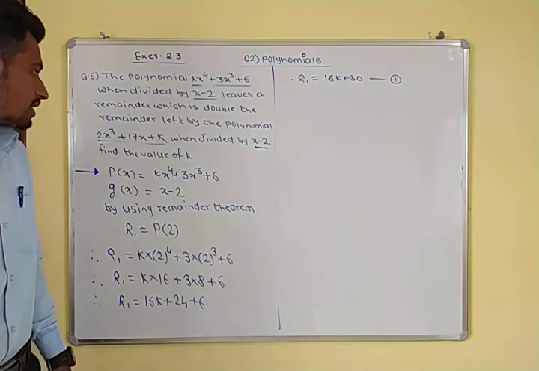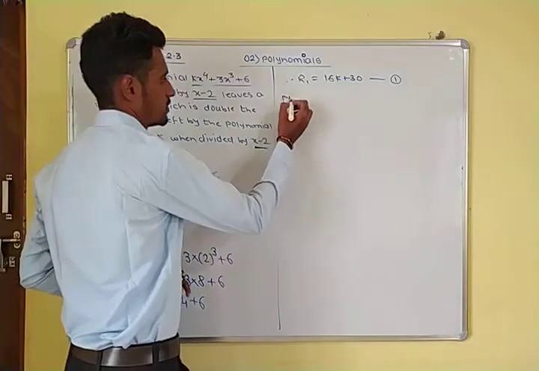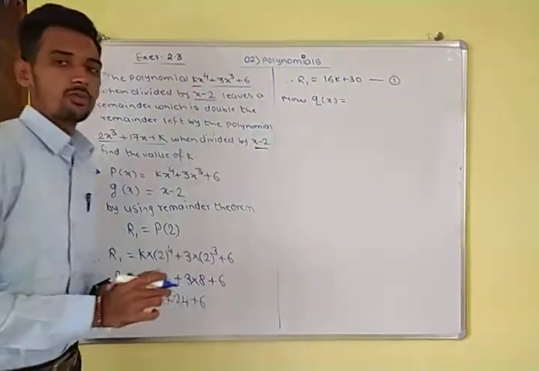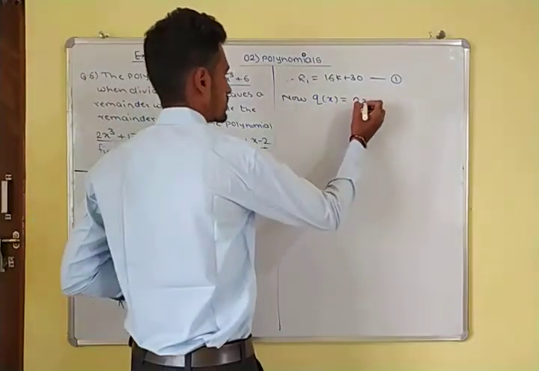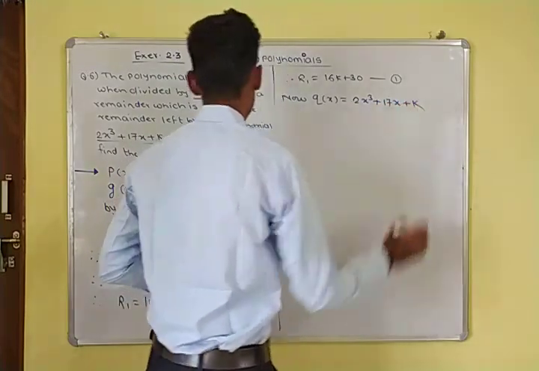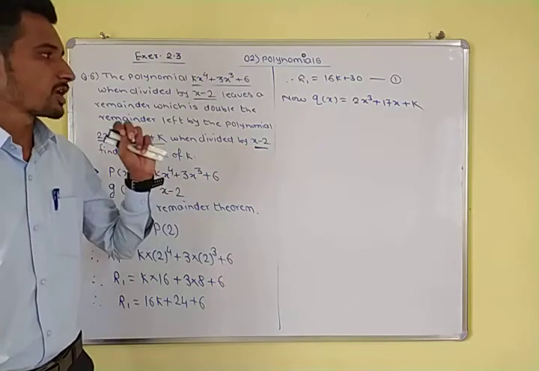Now the second polynomial is denoted by q of x, which is equal to 2x to the power 3 plus 17x plus k, and the divisor is x minus 2.